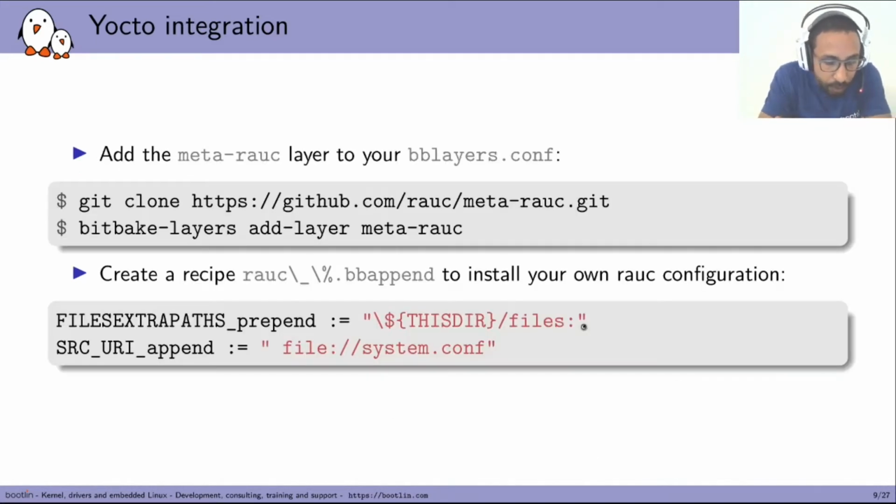So when we start with RAUC here, we will typically start by integrating the RAUC layer in our bitbake layer configuration, and then we will extend the RAUC recipes to define our own RAUC configuration.